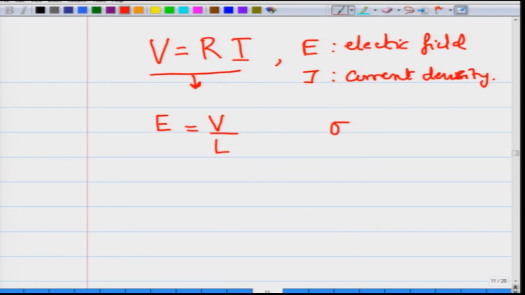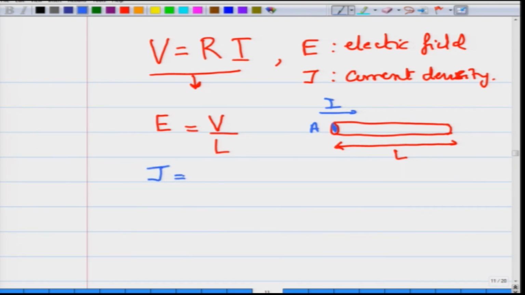So, suppose you have a wire of length L and V is the voltage applied across this wire, then E is the electric field, which is volts per unit length. And if the cross sectional area of this wire is A, and if current I is flowing across this wire, then the current density J is defined as current per unit area of cross section, where A is the area of cross section of this wire.